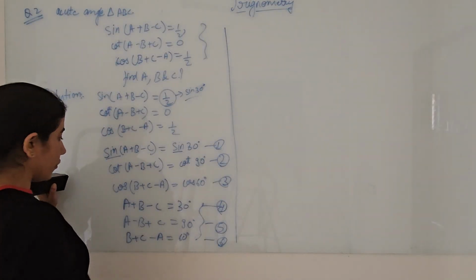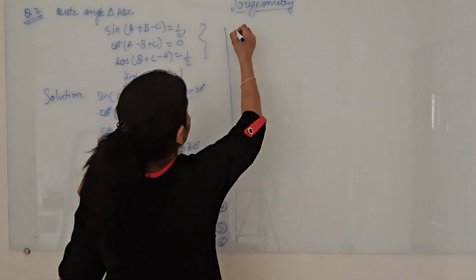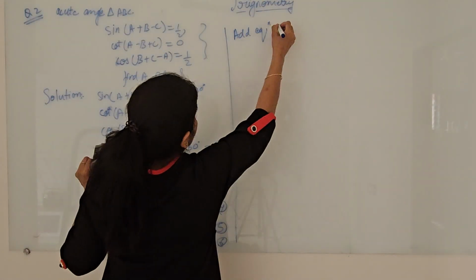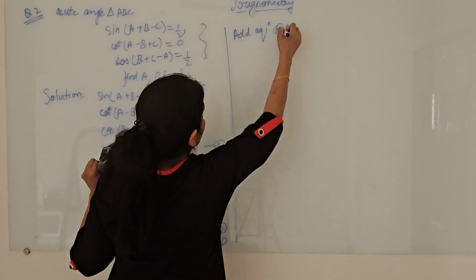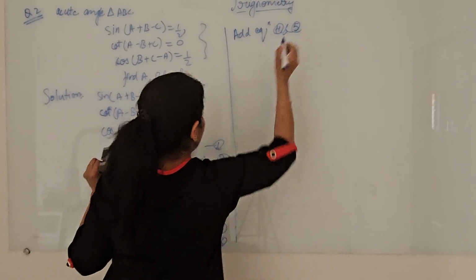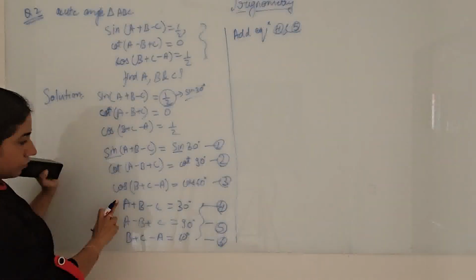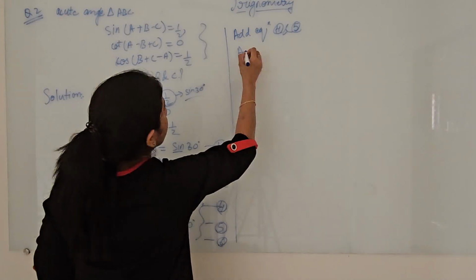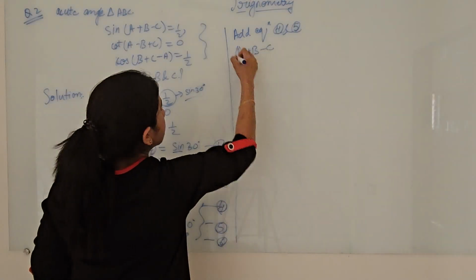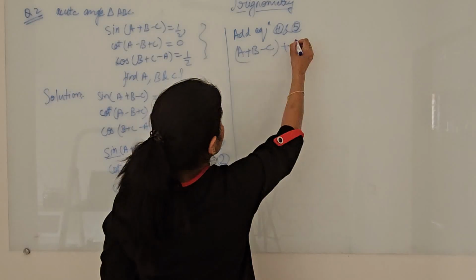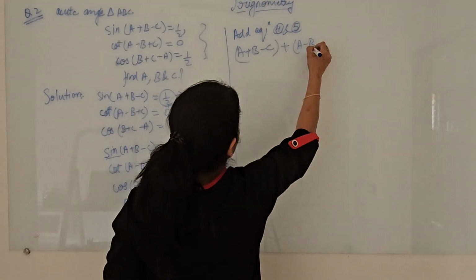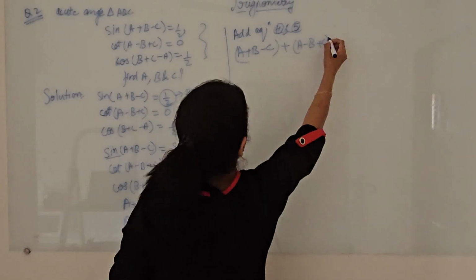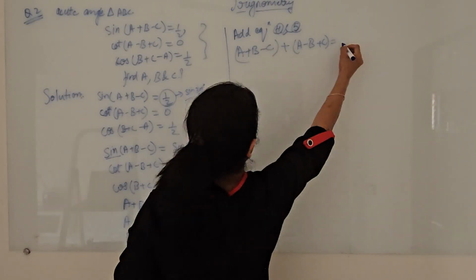So to find the solution, first add equation 4 and 5. Adding both these equations, what I'll get: A plus B minus C, and here plus A minus B plus C is equal to, adding both of them, 30 plus 90.